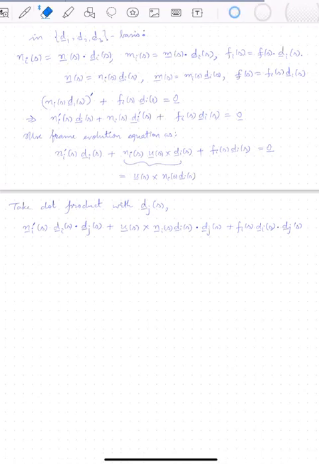Anything dotted with a vector is a scalar, so the right side is scalar 0. So this is delta ij, and this is also delta ij because of the orthonormality condition. And this scalar product, we can write it in a slightly different form.